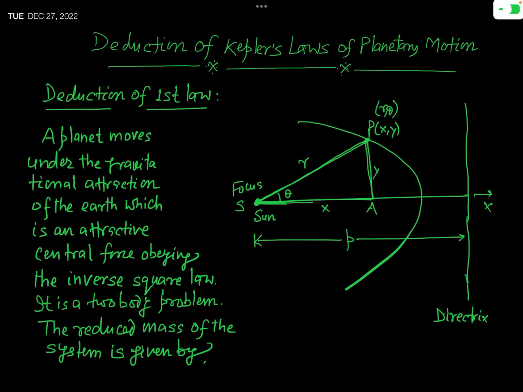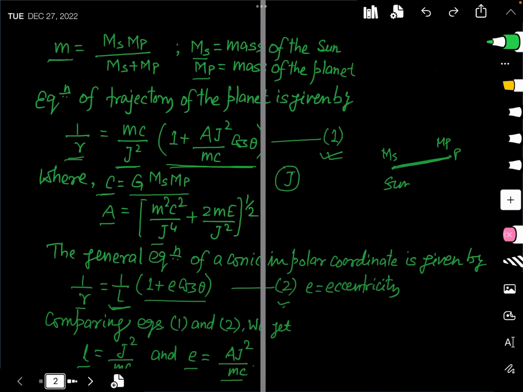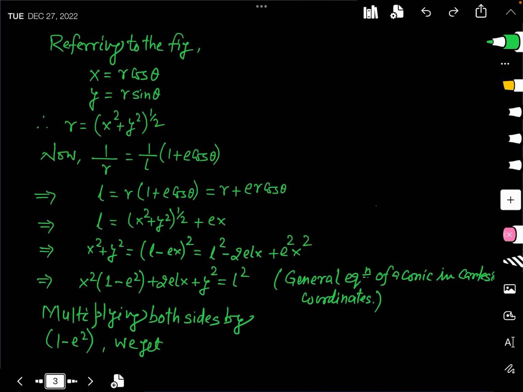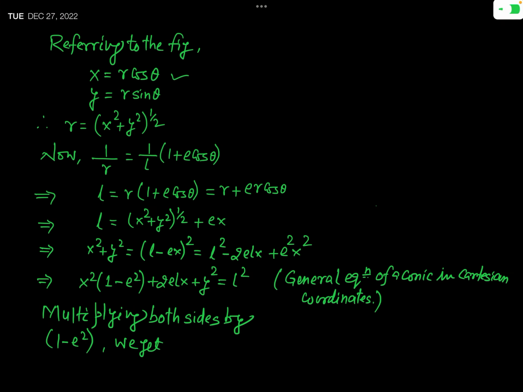So from the geometry of the figure you can easily say that x is equal to r cos theta and y is equal to r sin theta. I have written here that x equals r cos theta and y equals r sin theta. This is very simple algebra.